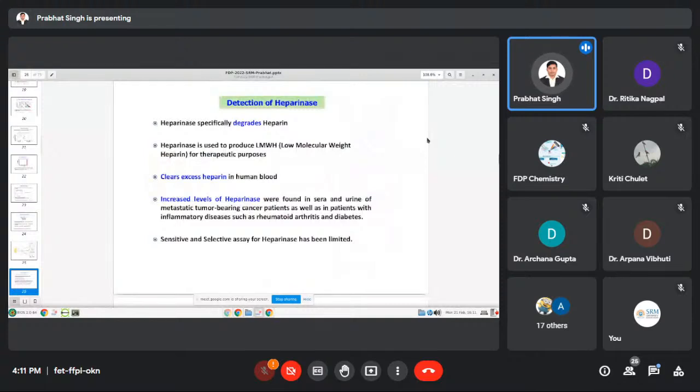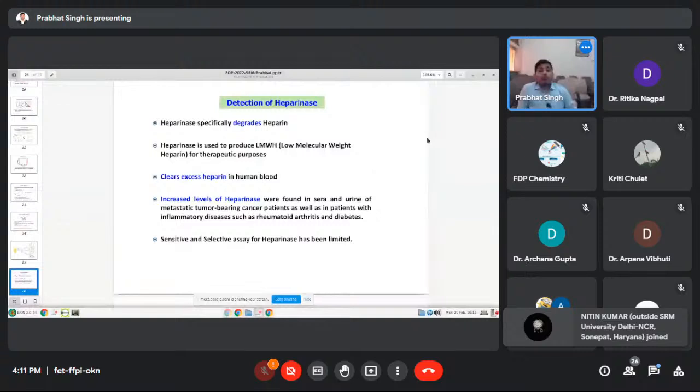Now another direction that we tried to explore from this thioflavin T heparin complex is detection of heparinase. Heparinase is an enzyme which specifically degrades heparin, and it is used to produce low molecular weight heparin for therapeutic purposes. Heparin is a polymer, and clinically low molecular weight heparin, something in the range of, let's say, 4,000, is considered more important.